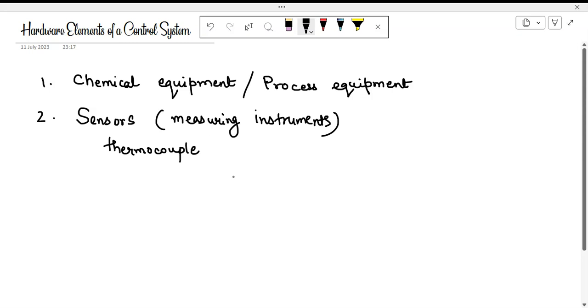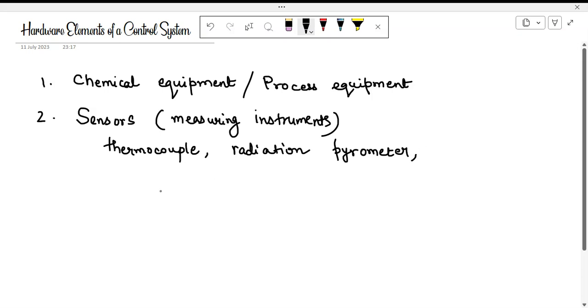Thermocouple is a measuring instrument. Generally thermocouples are used for a quite low range of temperature. For very high temperature values, say if you are working in a unit where you have furnaces involved, then you would maybe use a radiation pyrometer.